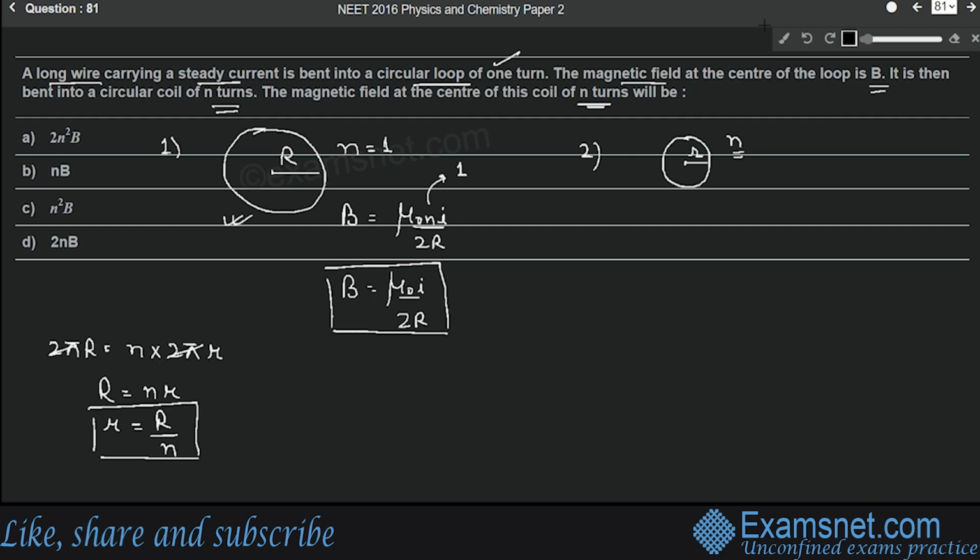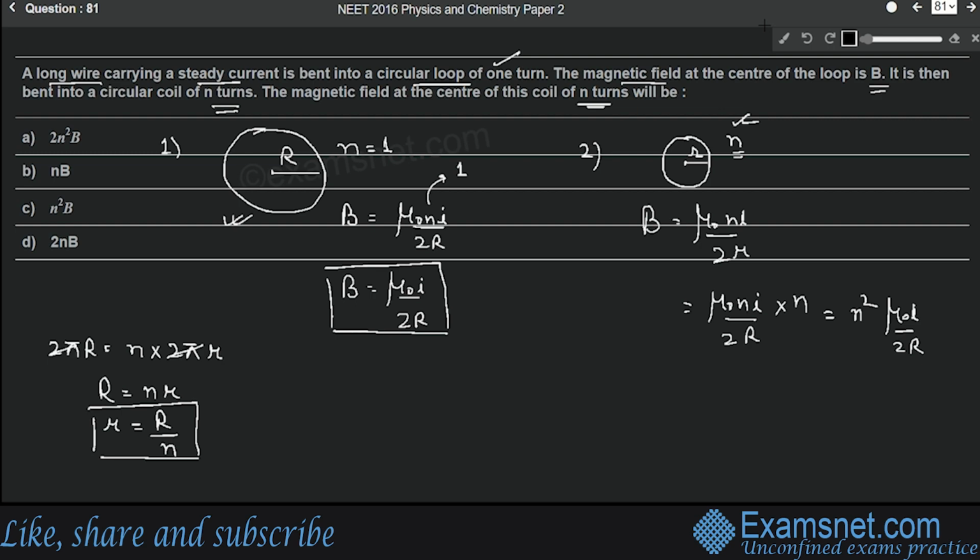So we can put this value in the formula. What will be the magnetic field at the center of this smaller loop? It will be mu naught N i upon 2r, small r, okay, and here small r is equal to capital R by N. So let's put that value: mu naught N i upon 2 capital R by N. So N will go up, it will become N square into mu naught I upon 2R, okay.